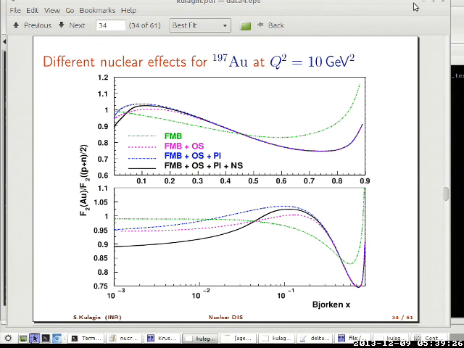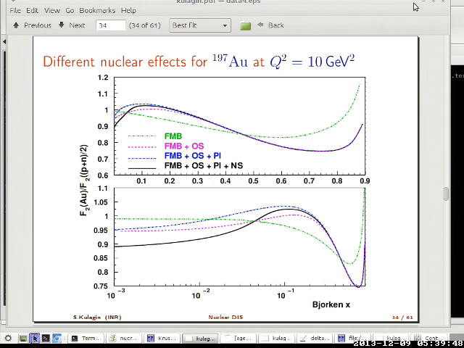Here is an idea of the magnitude and the shape of the nuclear corrections coming from different effects. This FMB means Fermi motion and binding, so basically the correction from the smearing with the spectral function.